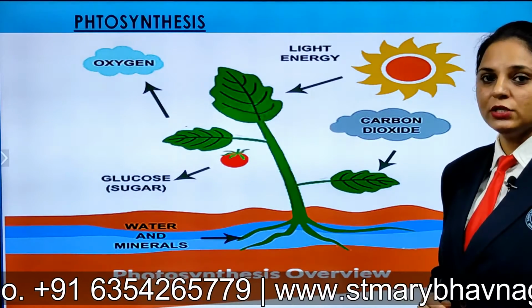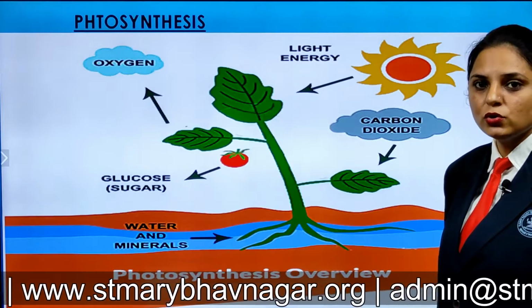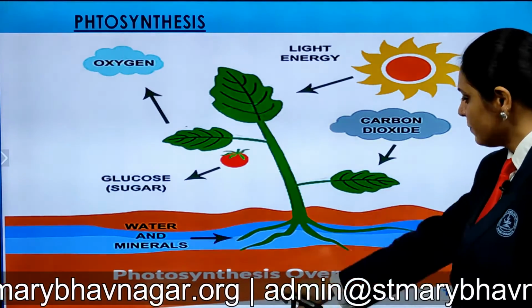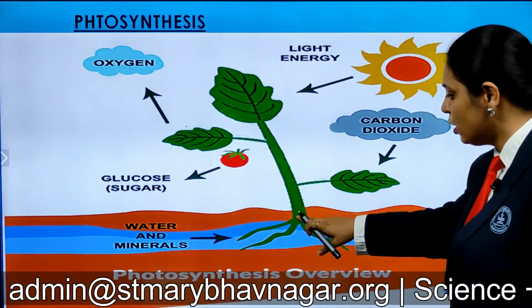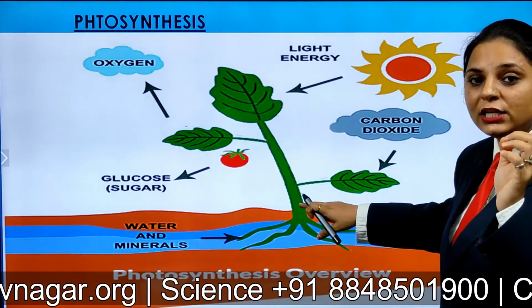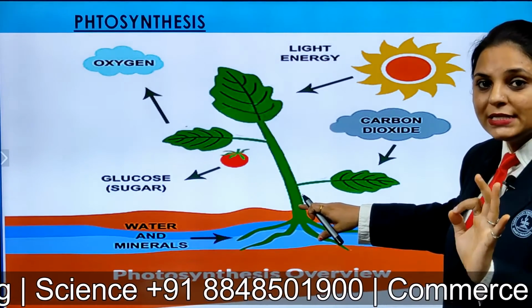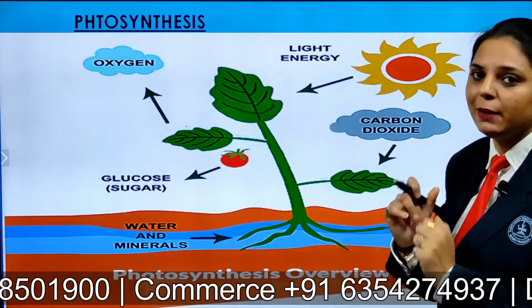So this is how we will go through it. This is the picture that shows how photosynthesis goes on in the plant. See, from the roots, the water and the minerals are being absorbed. Then there is a network of vessels. These vessels are interconnected pipelines.